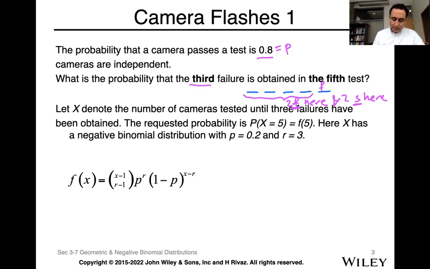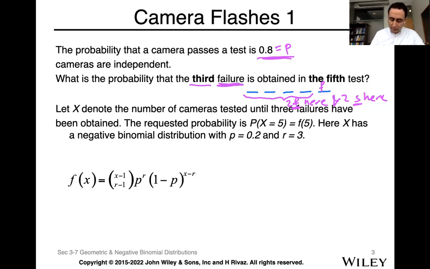One important thing is that you have to always remember what you defined as success. In this case, the question says the probability that the camera passes a test is 0.8. And now we are interested all of a sudden in failure.